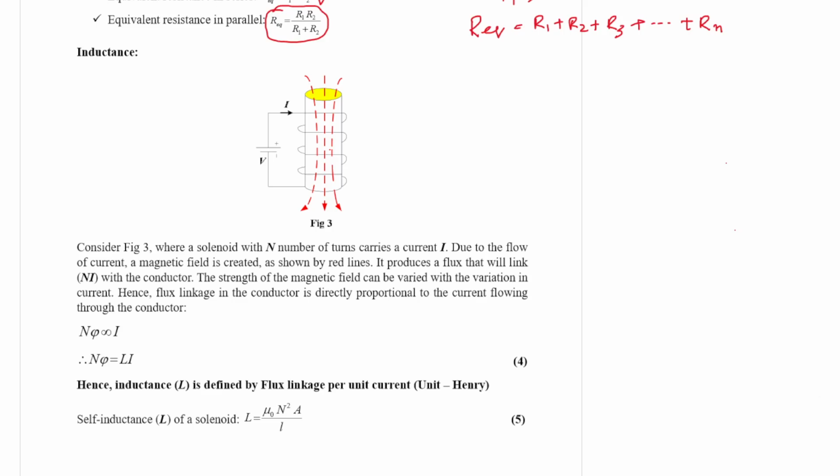Now, to understand the concept of inductance, let us consider this figure 3, where we have a conductor of, let us say, iron, and a wire is wound on the conductor like this.